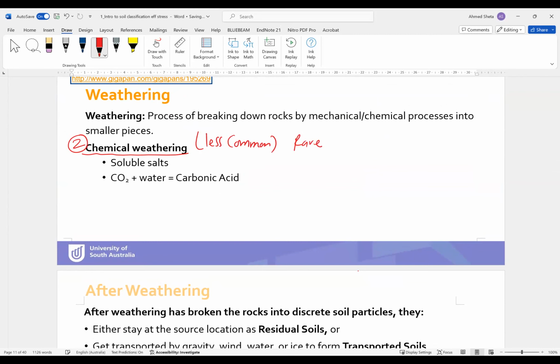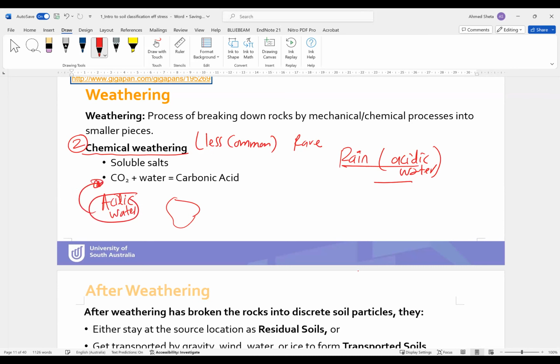The chemical weathering is, we have rain, and the rain sometimes contains acids or becomes acidic water. When the acidic water touches the soil, the rock. So we have acidic water, and this water also comes from here.